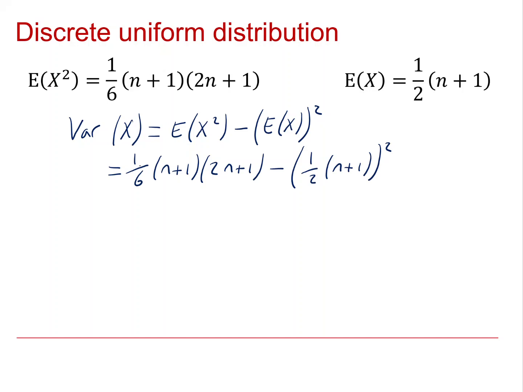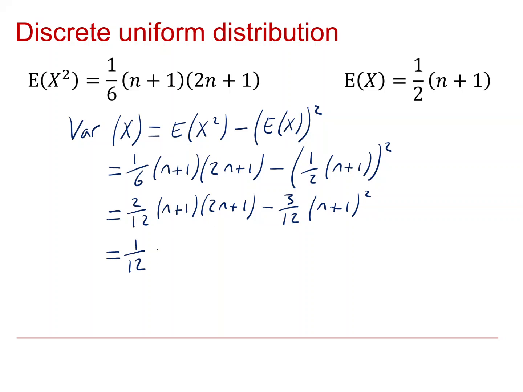I'm going to want the same denominator throughout, so I'm going to put everything over 12. So it's 2 over 12 times n plus 1 times 2n plus 1 minus 3 over 12 times n plus 1 squared. We can see there's a factor of n plus 1 in both of the terms, so I'm going to take that out as a factor as well and just leave 1/12 on the outside.